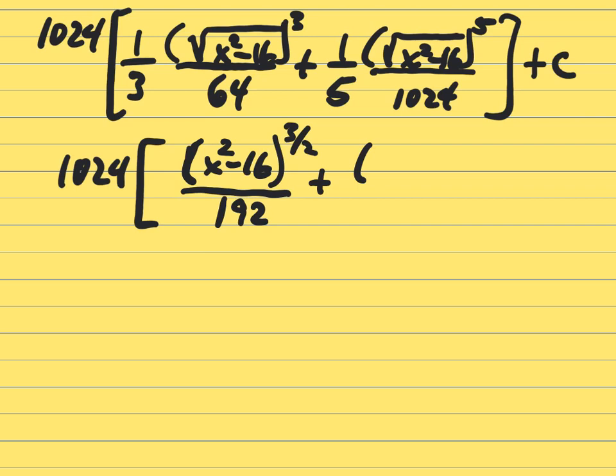Square root of x squared minus 16 to the 5th can be written as a power of 5 halves. Five times 1024, 5120.